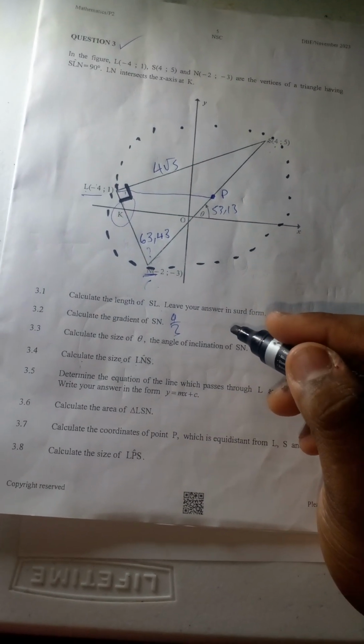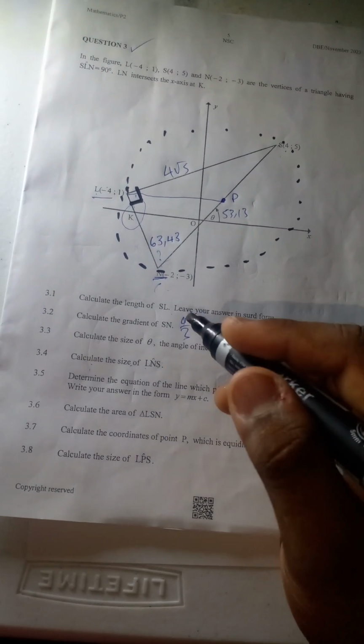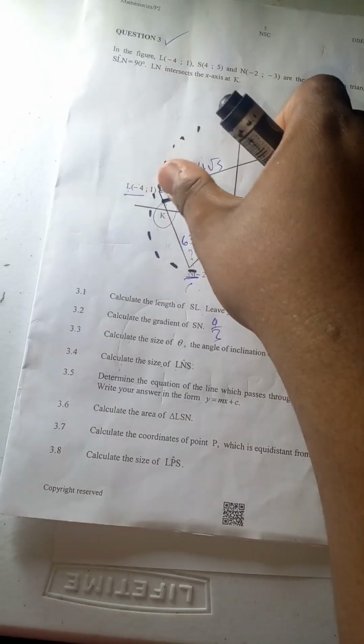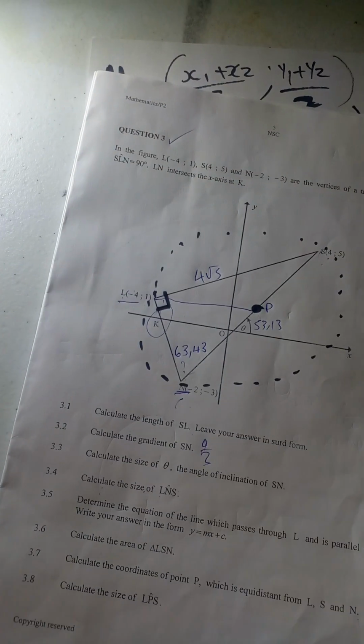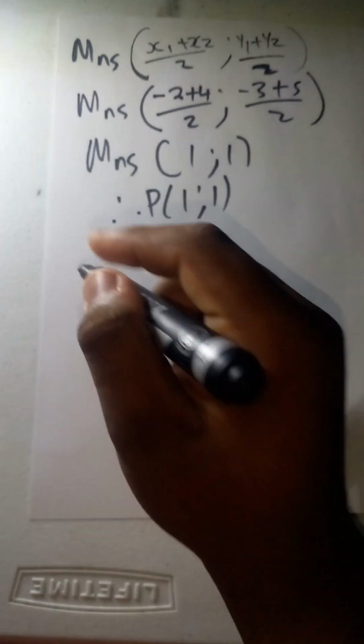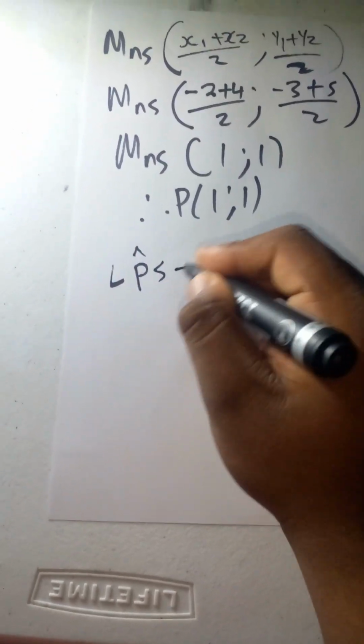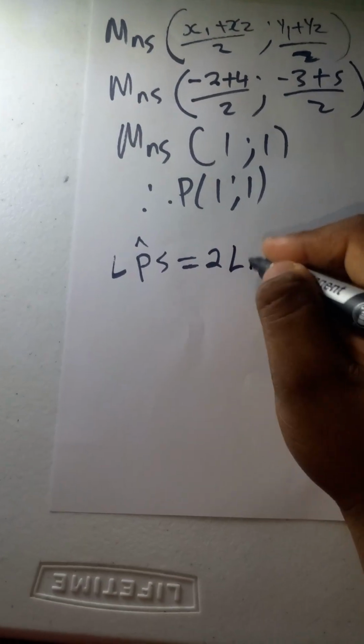Angles in a semicircle. And now I can apply the angle at the center is twice the angle at the circumference. So LPS equals 2 times LNS.